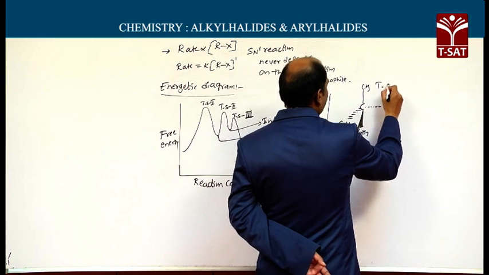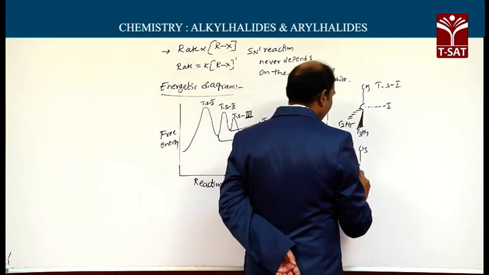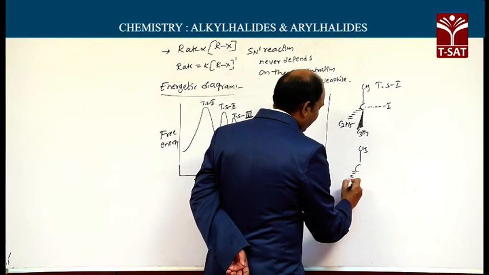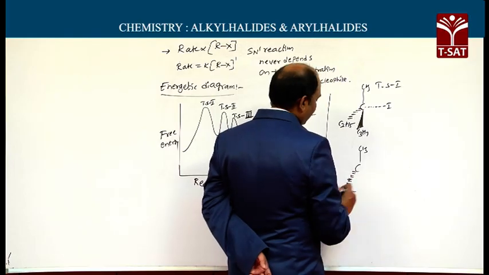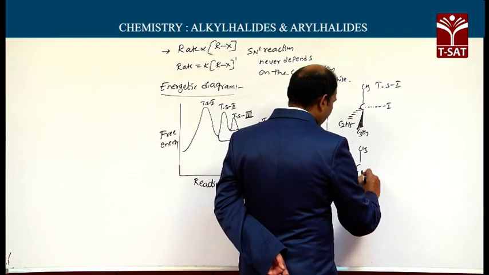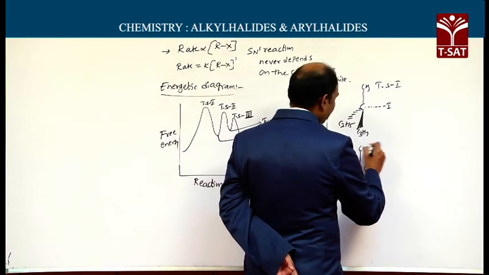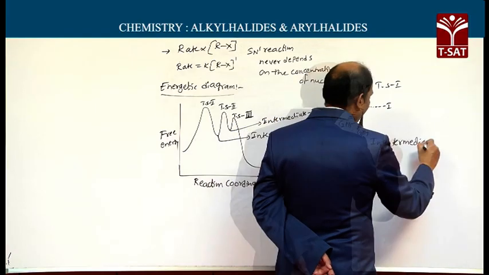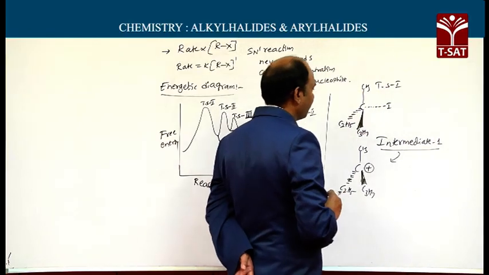This is the transition state 1. Then, CH3, C2H5 and C3H7, this is a carbocation. This is not a transition state, this is intermediate 1, the carbocation intermediate is formed.